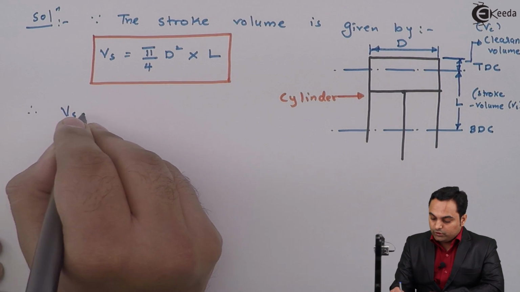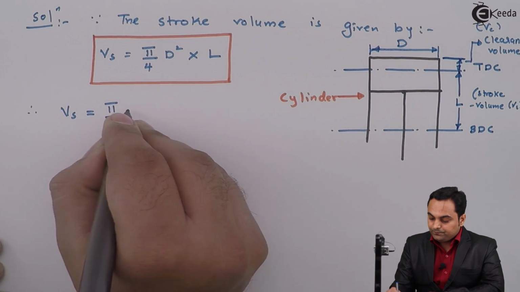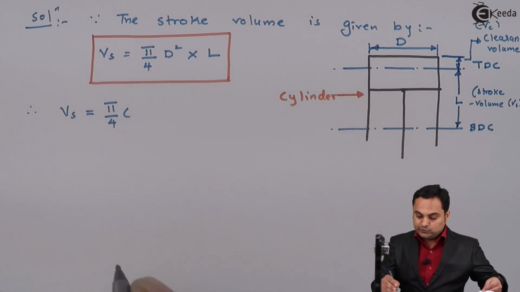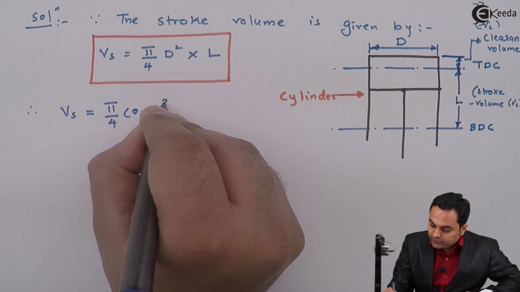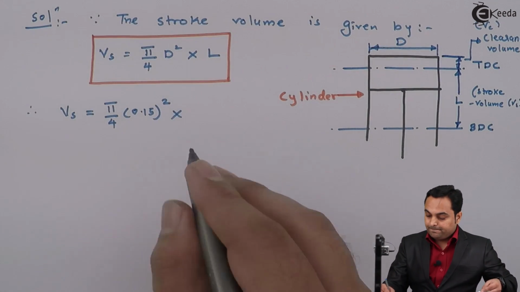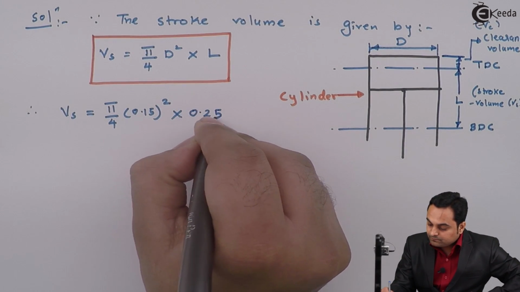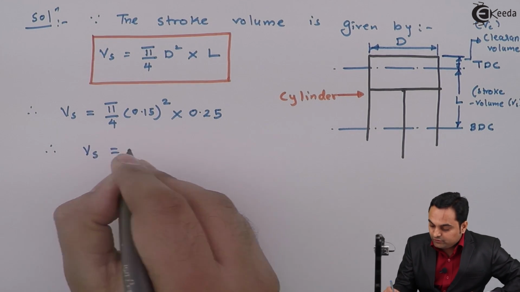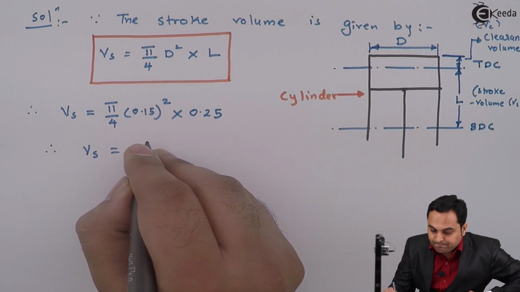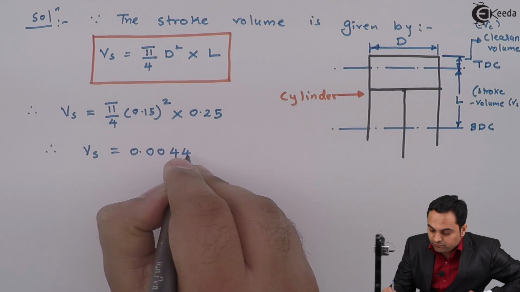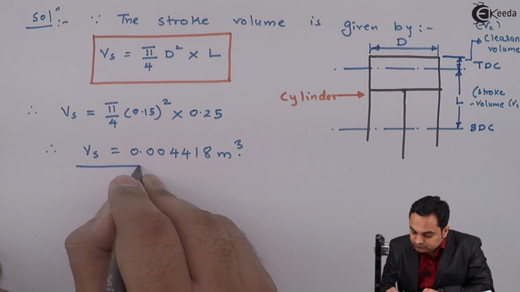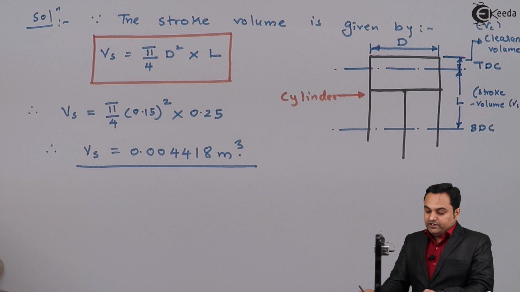Therefore stroke volume will be pi by 4 into diameter 0.15 meter, so 0.15 square, into the stroke length 0.25 meter. From this I get the value of stroke volume, and it comes out to be 0.004418 meter cube.